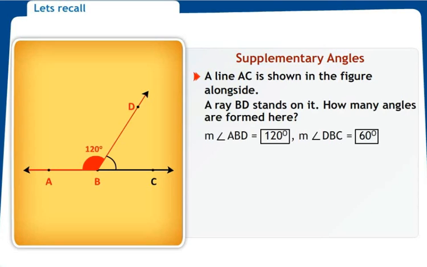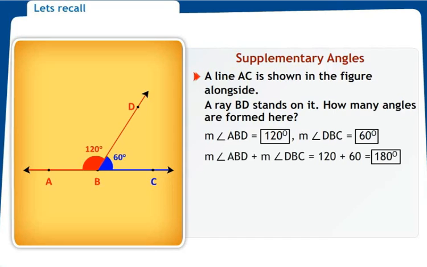Angle ABD is equal to 120 degrees if we measure, and angle DBC is equal to 60 degrees when we measure. Now if we add these two angles, measure of angle ABD plus measure of angle DBC is equal to 120 plus 60, which is 180 degrees.